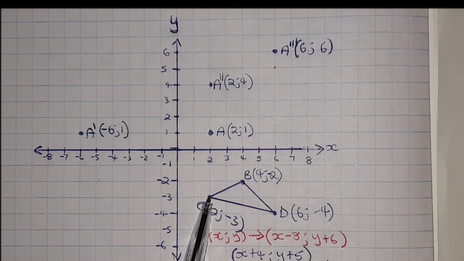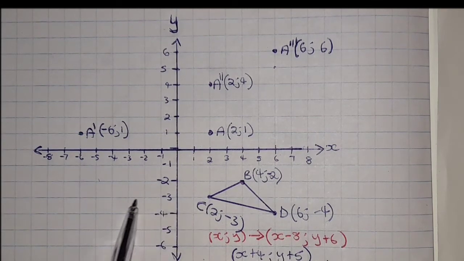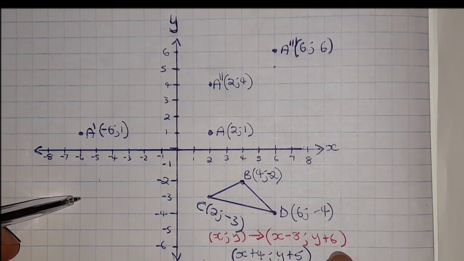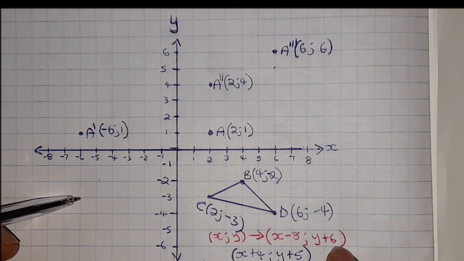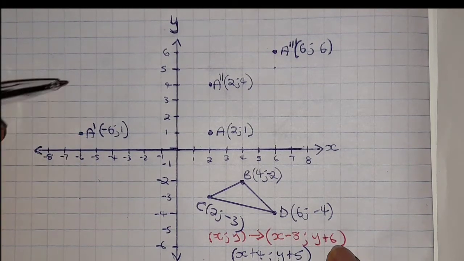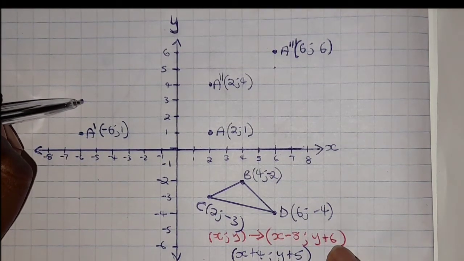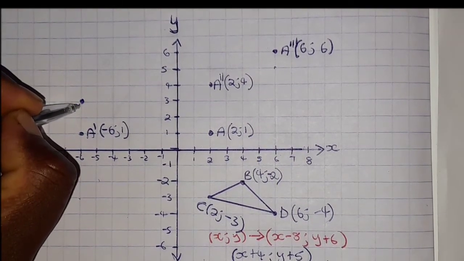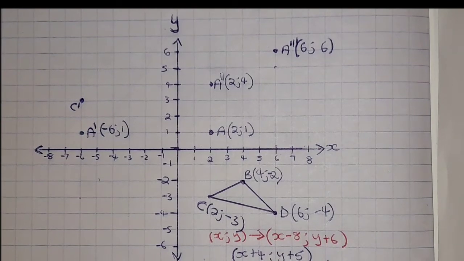So from 2 is 1, 2, 3, 4, 5, 6, 7, 8. It comes here. And then for the vertical translation, it's 6 steps upwards. 1, 2, 3, 4, 5, 6. So we can say this is the first image of C.